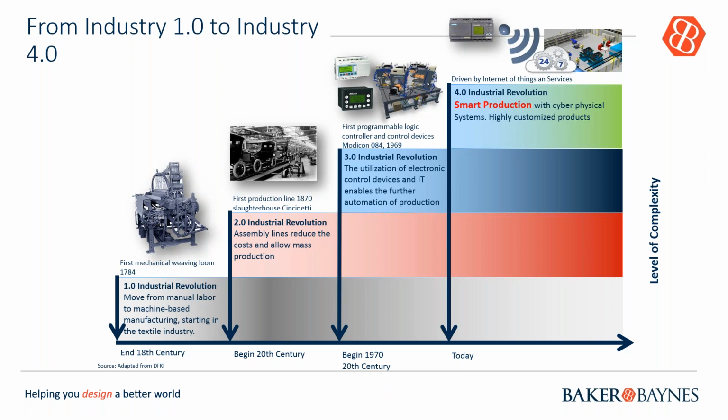Following on to that was the second industrial revolution, which started in the 20th century, and saw the advent of mass industrial production, in which assembly line and factory principles saw the creation of products for mass consumption. At the start of the 1970s, the deployment of electronics and IT in the industry process led to optimized and automated production.